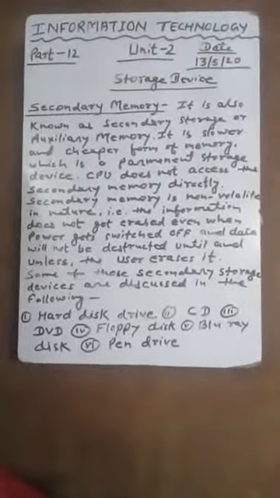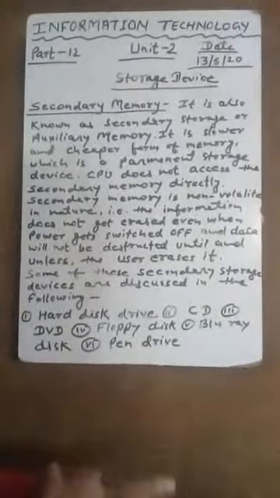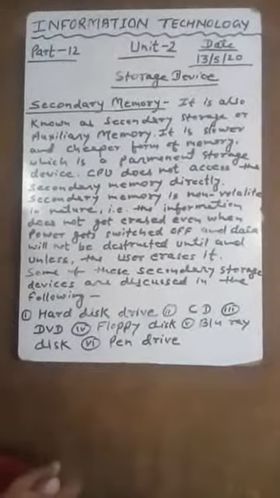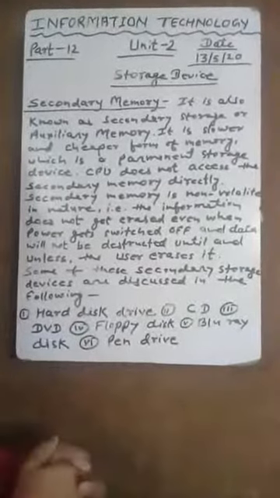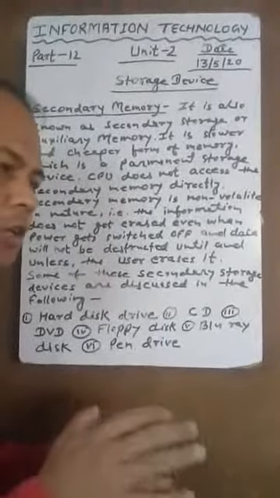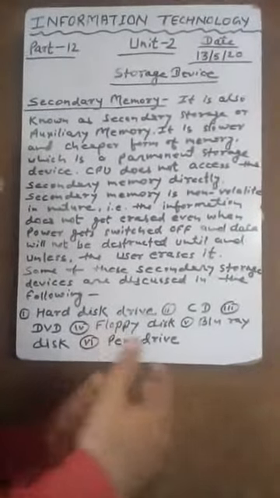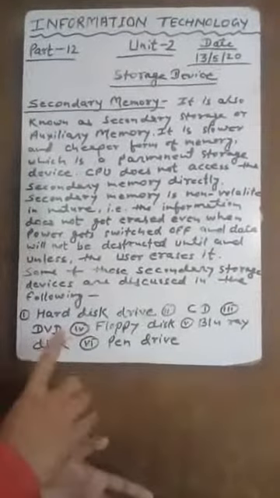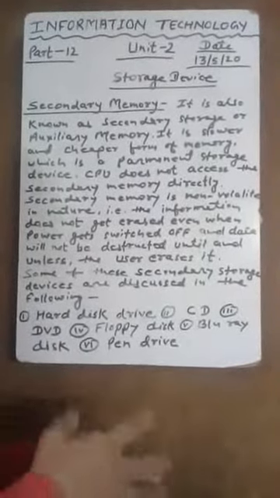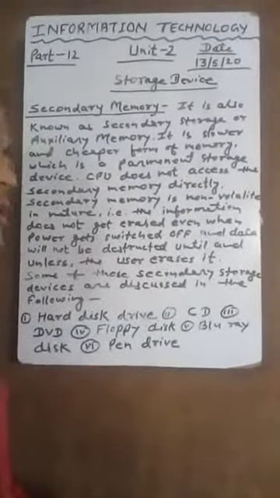Secondary memory is non-volatile in nature. That is, information does not get erased even when power is switched off, and data will not be destructed until and unless the user erases it.